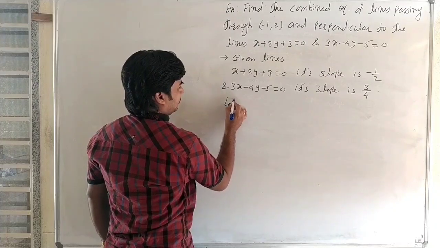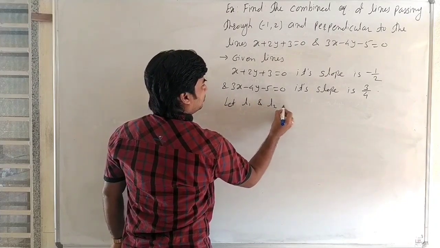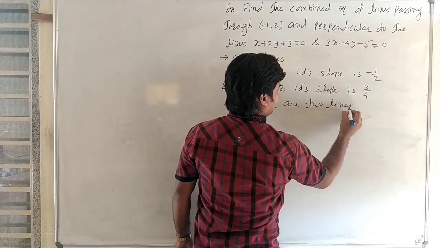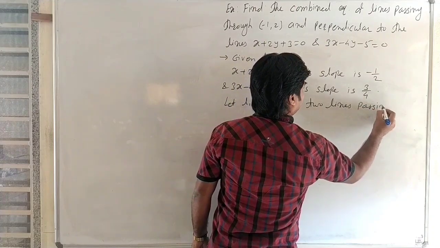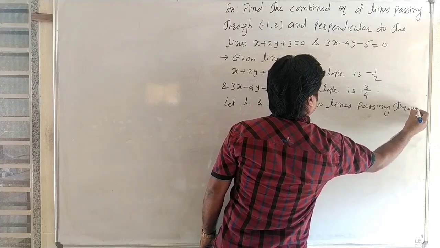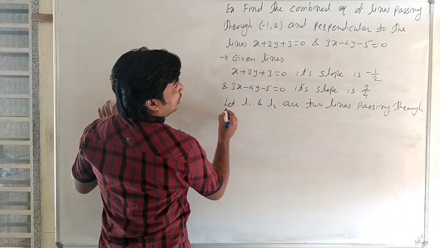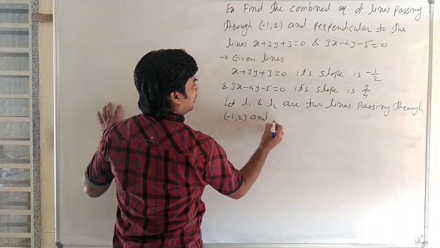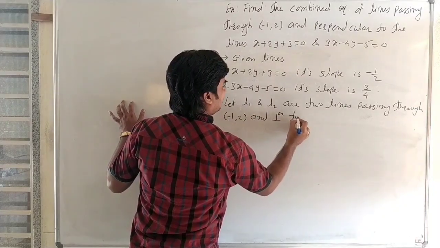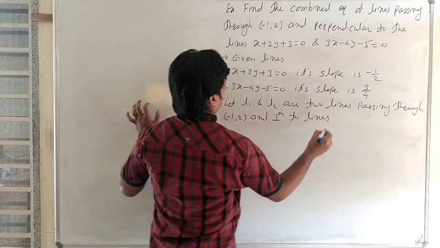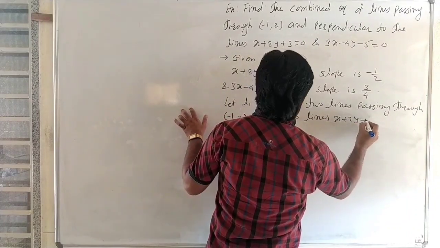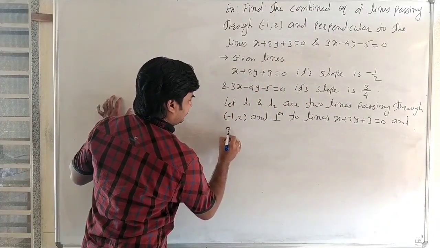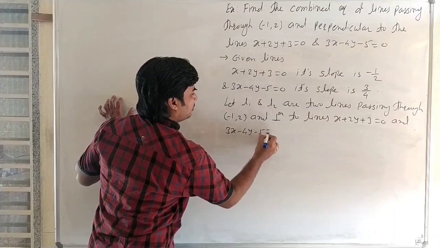Let L1 and L2 be two lines passing through (-1, 2) and perpendicular to the lines x + 2y + 3 = 0 and 3x - 4y - 5 = 0 respectively.